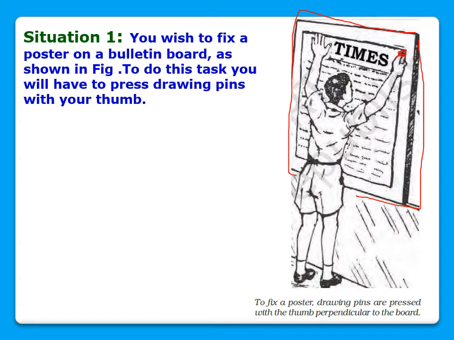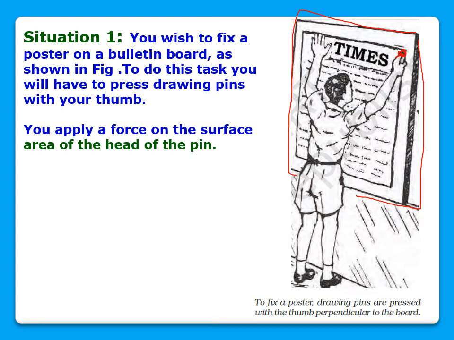Okay, see, when we have to fix the poster on a bulletin board, we just press the drawing pins with our thumb. Have you noticed that we are applying a force on the surface area of the pin here?